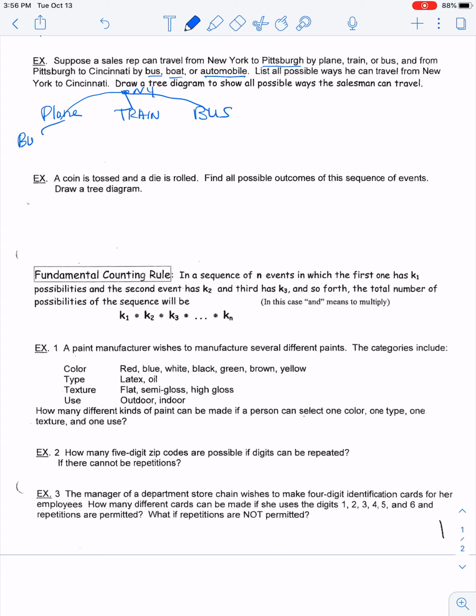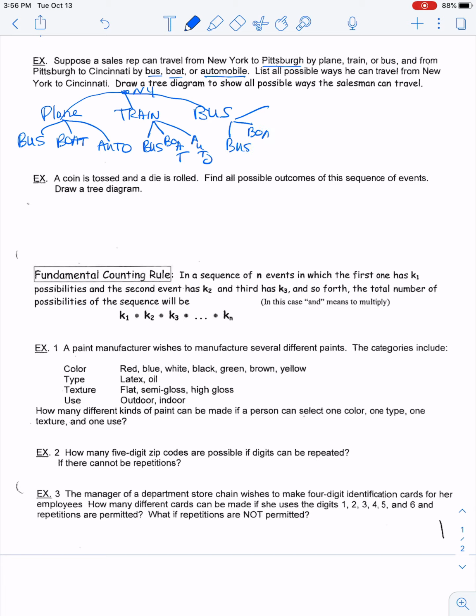So we'll go bus, boat, or auto, and we can continue that for all three of our choices here. Bus, boat, auto. And same thing over here. Sorry, a little tight on space.